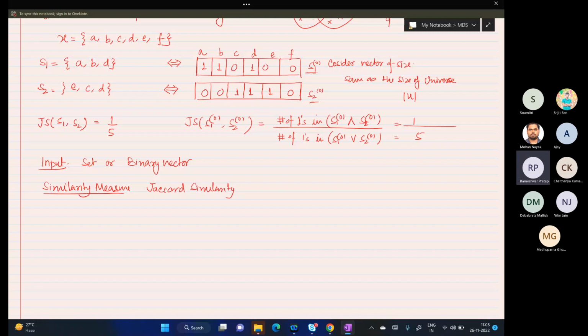Have you seen this algorithm, min-wise independent permutations or MinHash, in your data mining course? No, sir. Okay, so the algorithm name is min-wise independent permutations, and this is due to Broder, Charikar, Frieze, and Mitzenmacher.